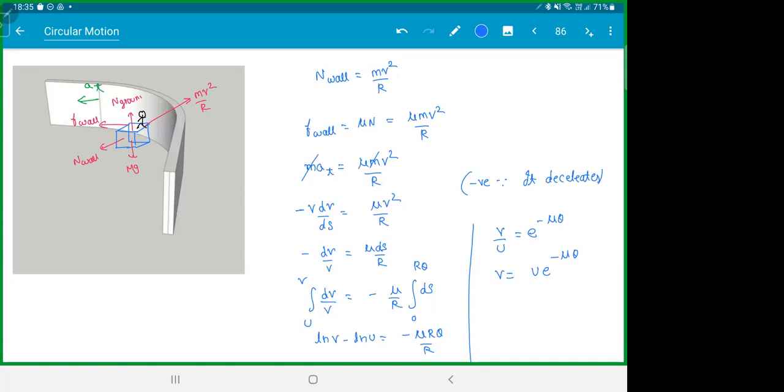Any doubts on this? Anyone not convinced with any particular step, please ask. Clear? Next one.